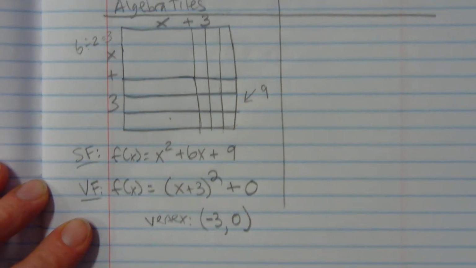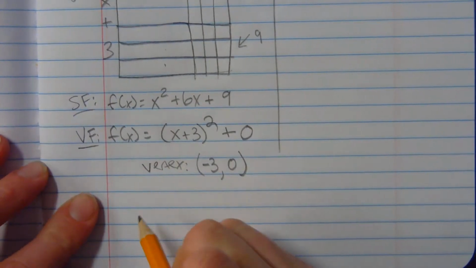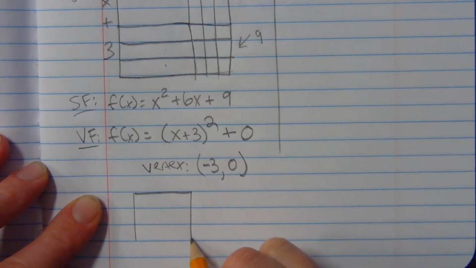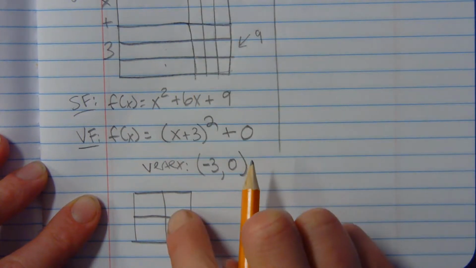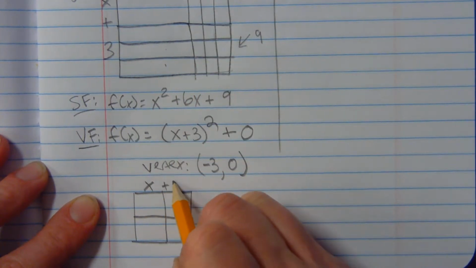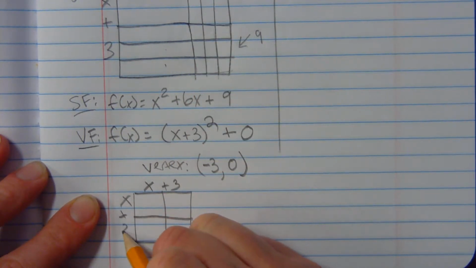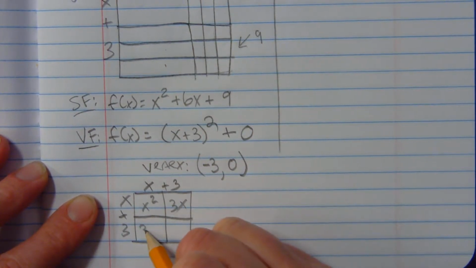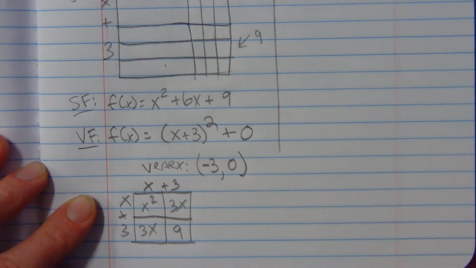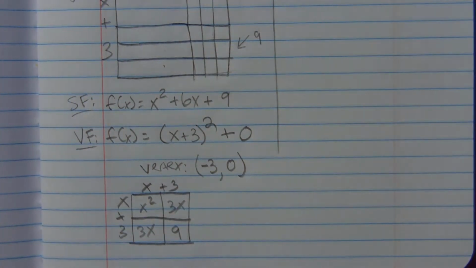Some of you really like to do the generic area model instead, which comes directly from our picture. And so you have x plus 3, x plus 3, so that gives you x squared, 3x, 3x, and 9. And so use some color.